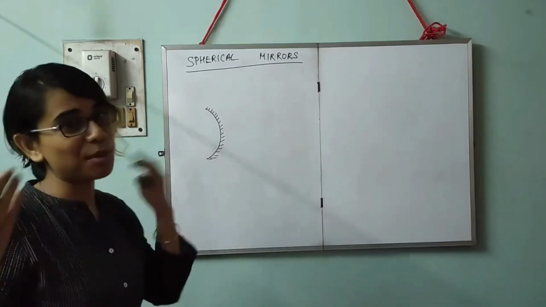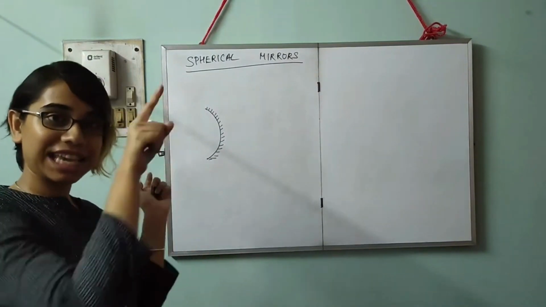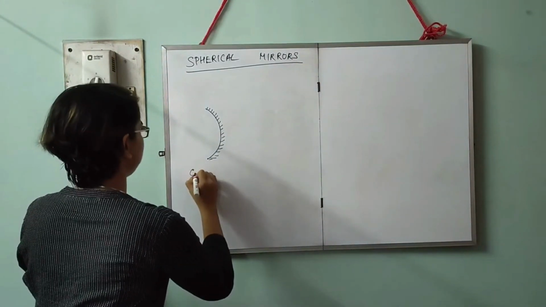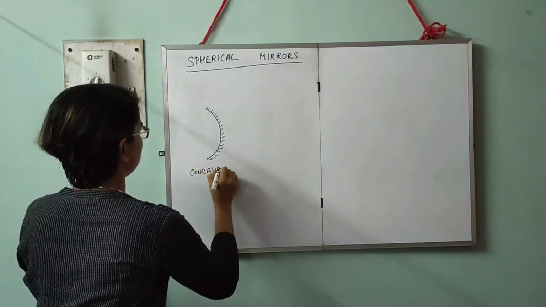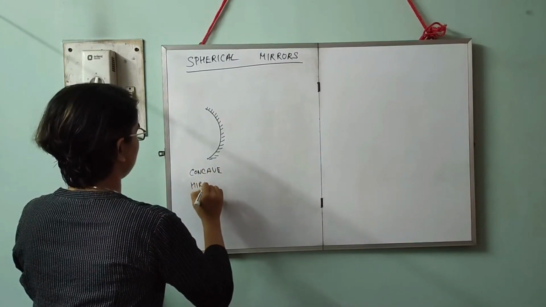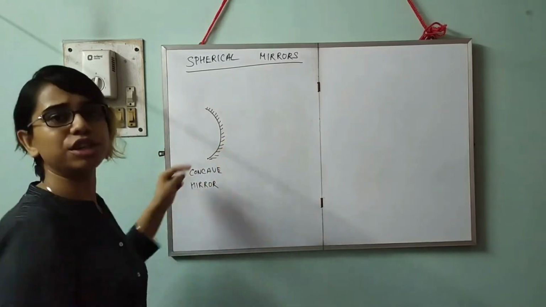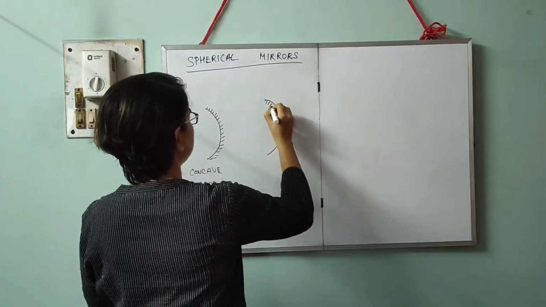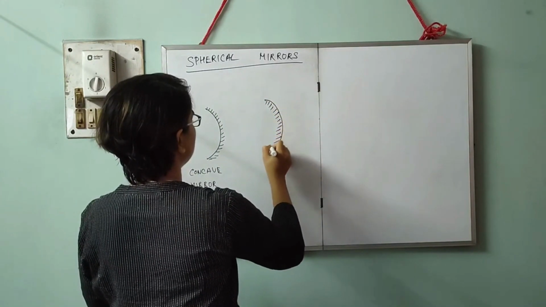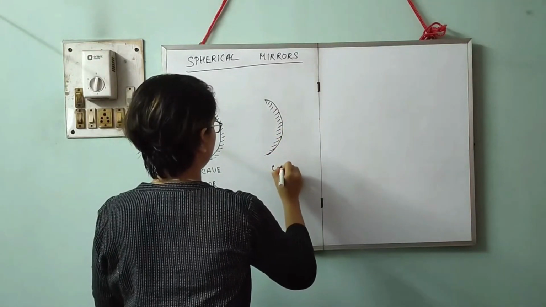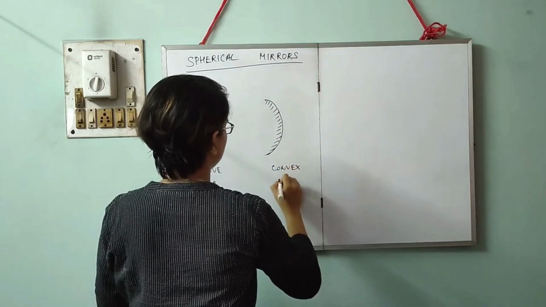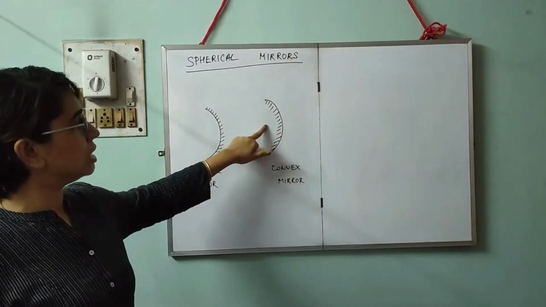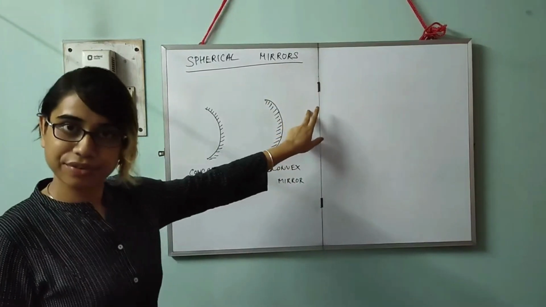That's how you can remember it: the cave part which is reflecting the light is the concave mirror. And this is obviously the non-reflecting side. And this is the convex mirror. Over here, this is the non-reflecting side and this is the reflecting surface.